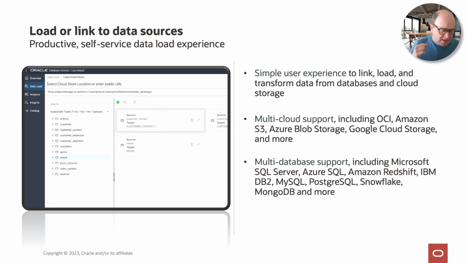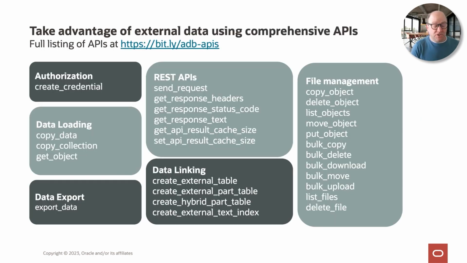Now, we're going to be loading data from both AWS as well as from Oracle's data lake. And we'll also show linking data. So underneath this UI, frankly, is a whole slew of APIs, right?